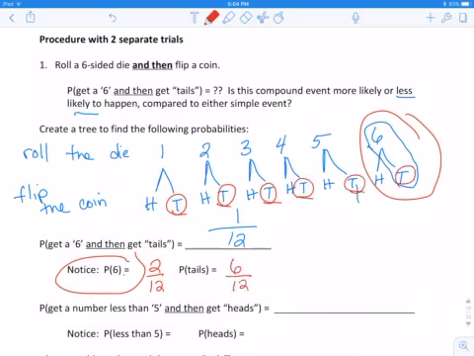There are 6 out of 12. So this is the same thing as 1/2. Before it would have been 1/6 for the probability of a 6. And notice you could have just thought about rolling the die or flipping the coin in either of those situations. And notice if you take 1/6 times 1/2, we would get the answer we saw here of 1/12.